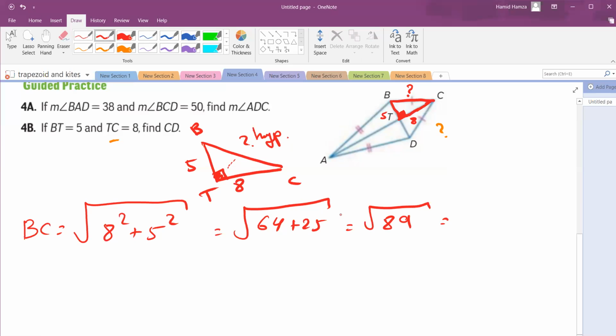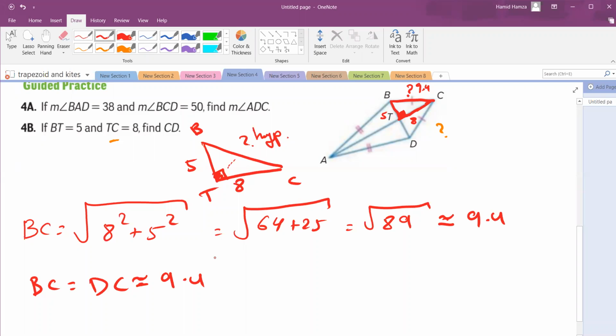It's easy to use your calculator to find this value. So root 89 is approximately equal to 9.4. That means this line is 9.4 and BC equals DC. So both of them are approximately 9.4.